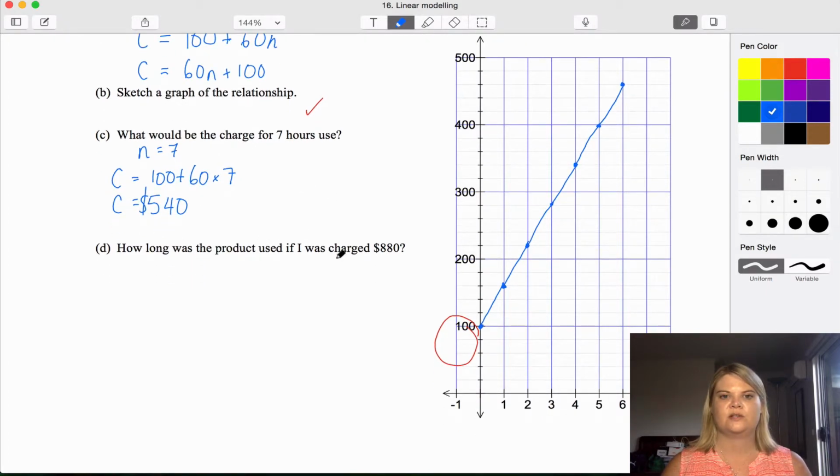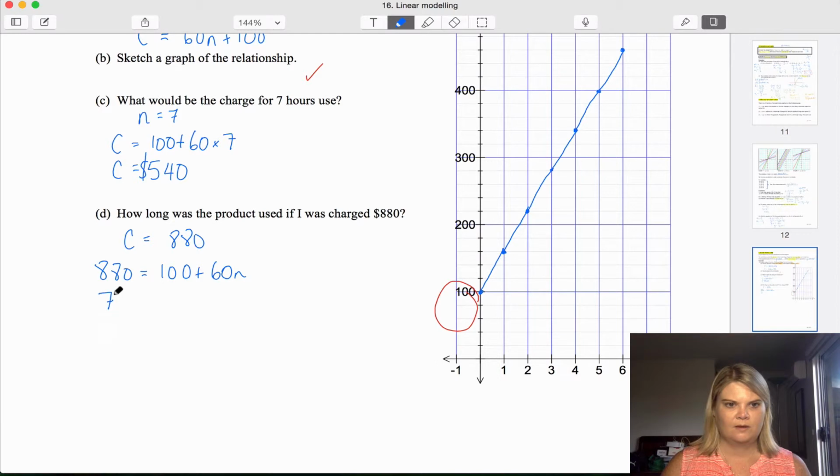How long was the product used if I was charged $880? So the cost or the charge is $880. 880 equals 100 plus 60n. $780 equals 60n.